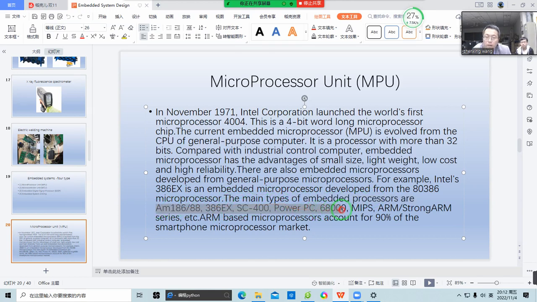All these are very famous. This one is produced by Motorola. Another is MIPS and ARM. Also StrongARM. You can't hear StrongARM nowadays, but about 15 years ago, you always heard about StrongARM. Right now, we never use StrongARM. So right now, ARM-based microprocessors occupy 90% of the smartphone microprocessor market.